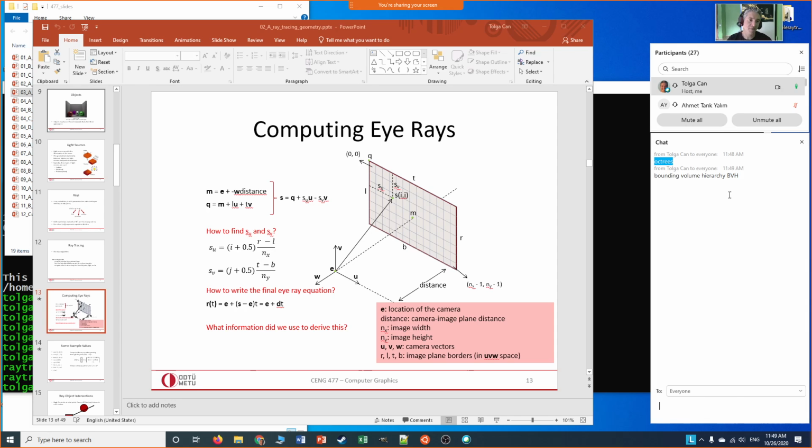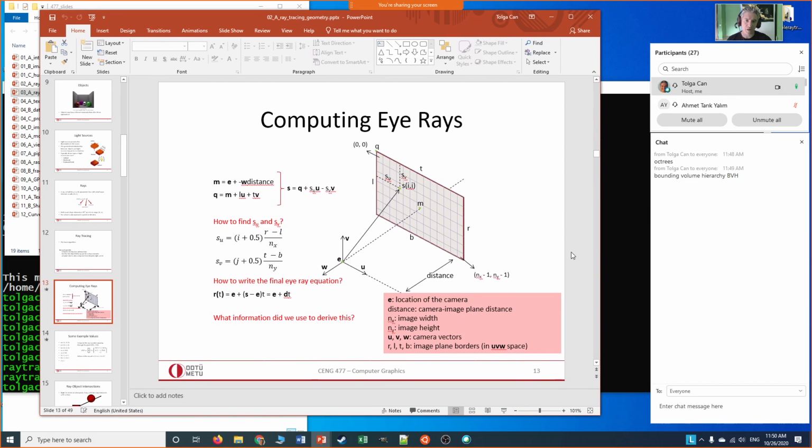It's also a data structure that is used to organize the objects in your scene. We're not going to go into implementation details in this course, but we will just mention them when we talk about the ways to speed up ray tracing and the basic ray tracing algorithm.